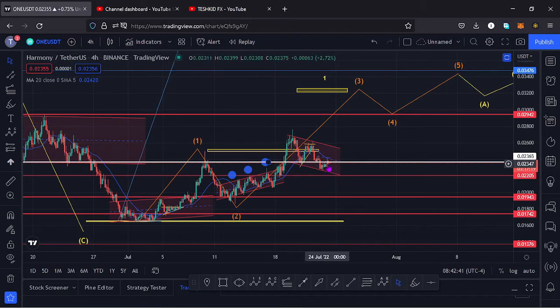And it's possible that we break above this key area of resistance that we are trading within, now that we have touched the bottom of that channel and given us support for us to continue pushing to the upper side.